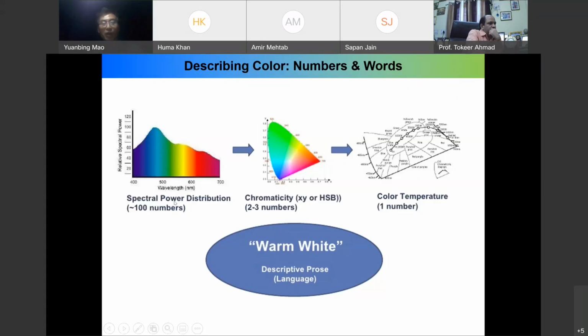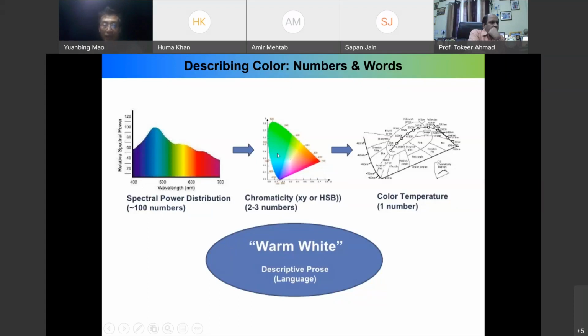There are different ways in the literature when we talk about white light. One is using the spectral power distribution, basically just the spectrum, and there are also chromaticity diagrams.